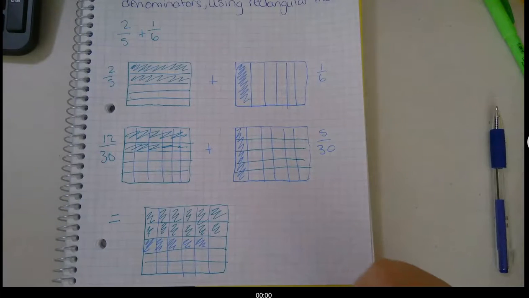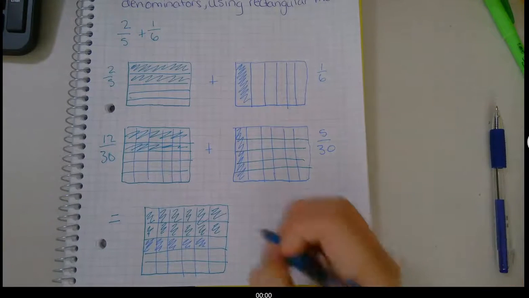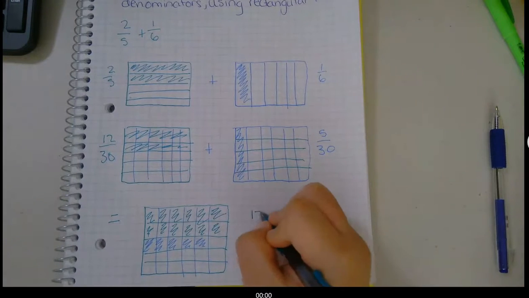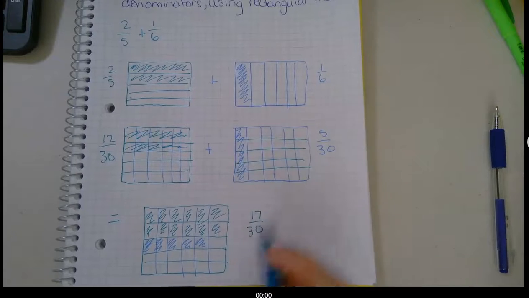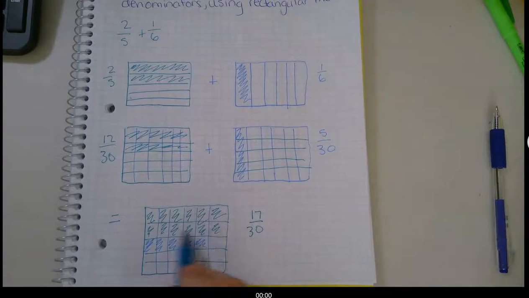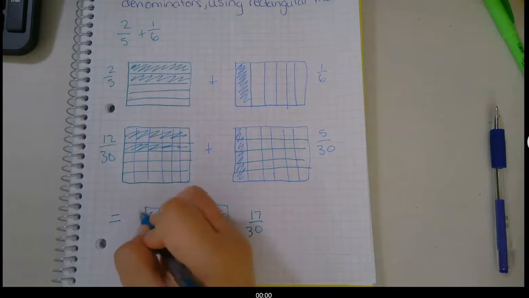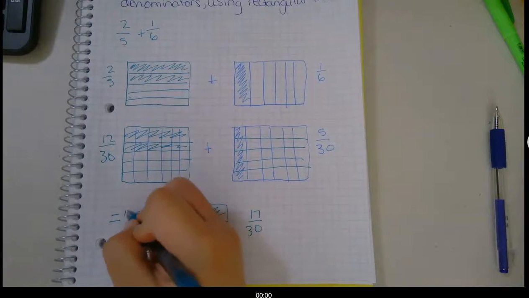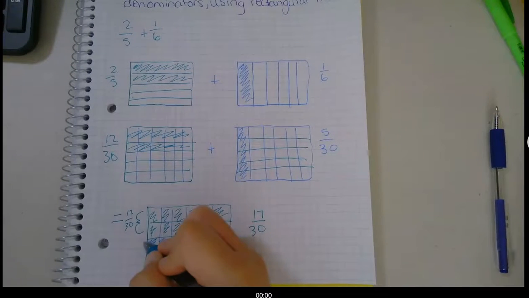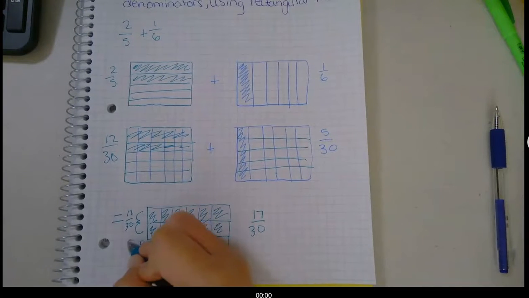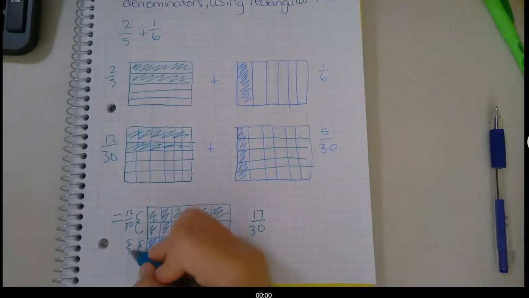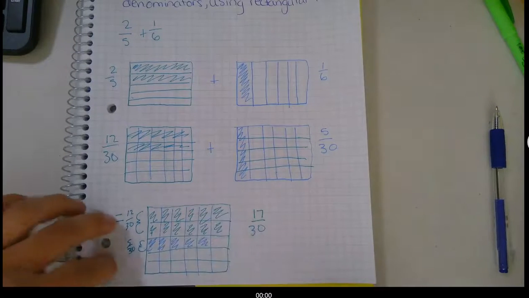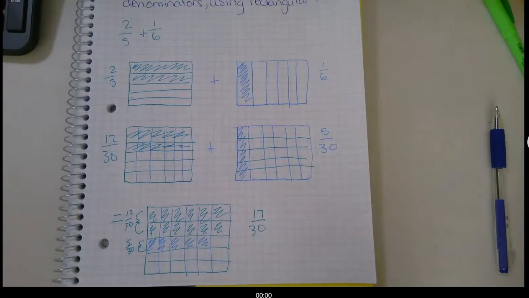Now that will get you an overall of 17/30. Here's 12 thirtieths, and here's 5 thirtieths, and that will get you 17 thirtieths.